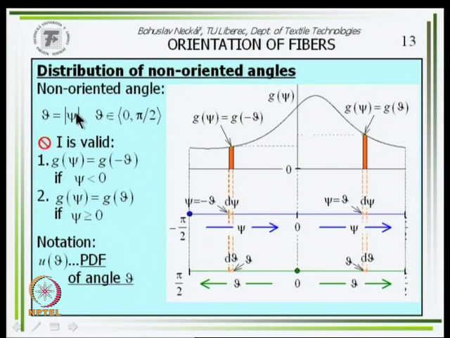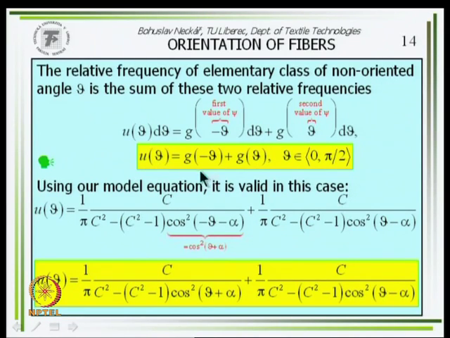I think you can think more about this picture. It is also intuitively evident that this probability density function must be the sum of two of our g functions. One is at angle minus theta, because theta is every time positive. If theta is, for example, 30 degree, then minus theta is minus 30 degree, and it's angle psi in minus, plus probability density in plus.